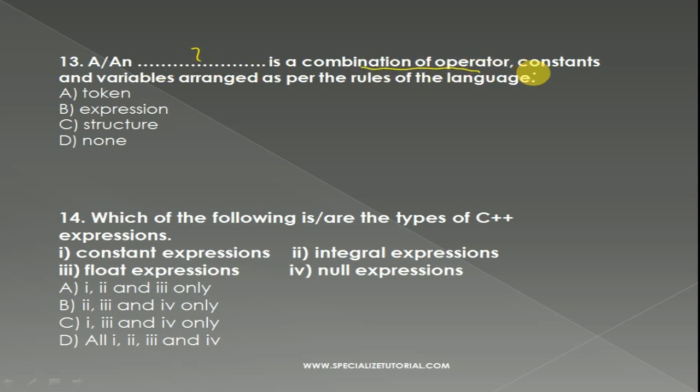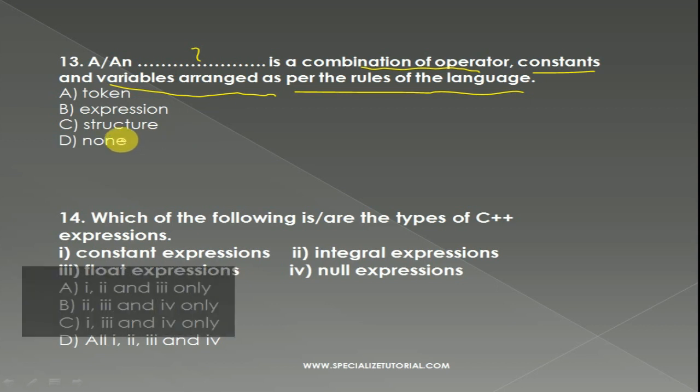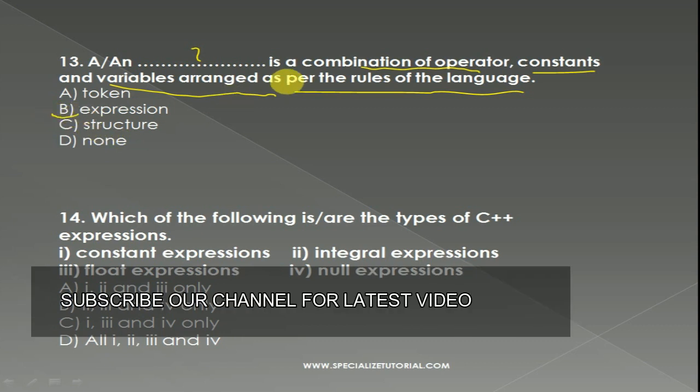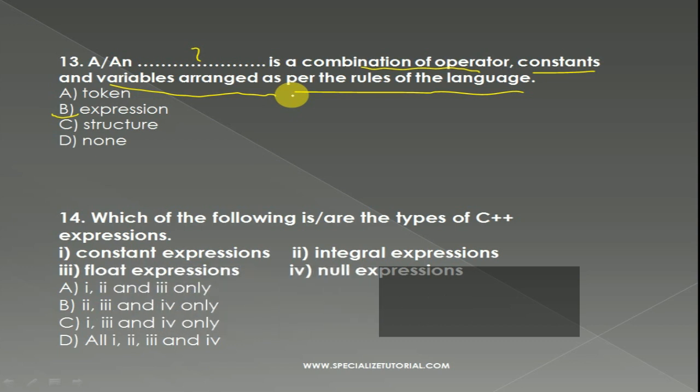Token, expression, structure, or none. The answer is expression. An expression is a combination of operators, constants, and variables arranged as per the rules of the language, like C, C++, Java, etc. So expression is a very important concept in programming.